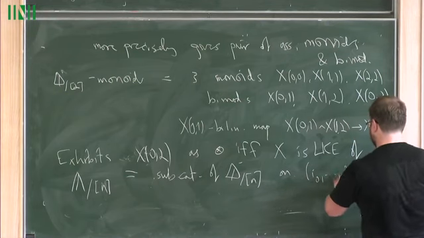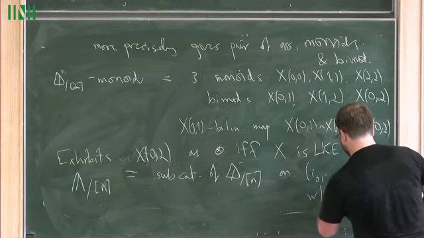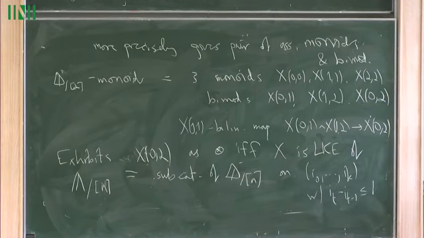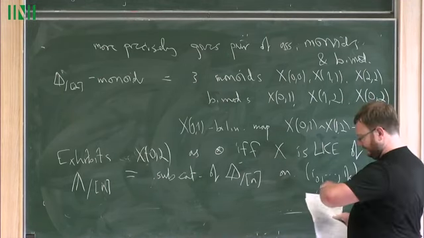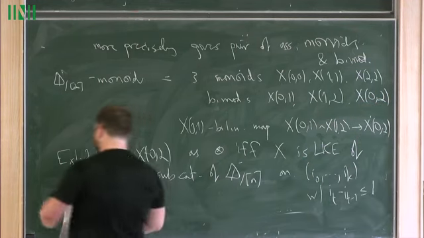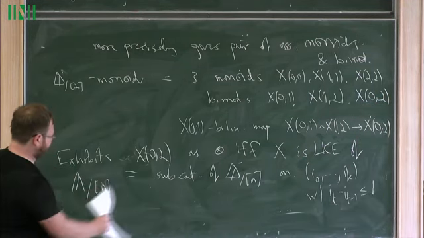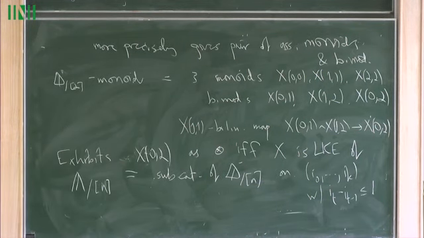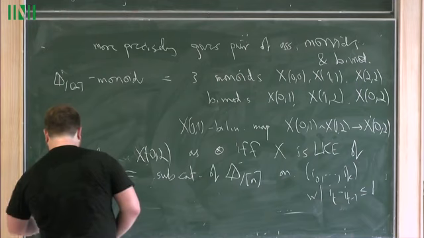So if we consider these extended delta over n monoids that have been extended from lambda over n, it turns out that that satisfies the Segal condition.